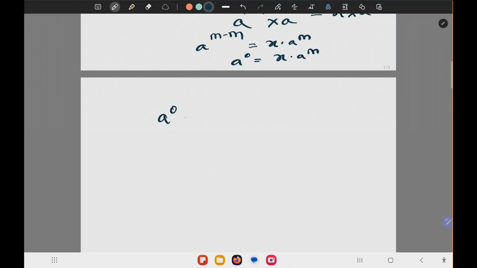So a to the power 0 is equal to x times a to the power m, right?